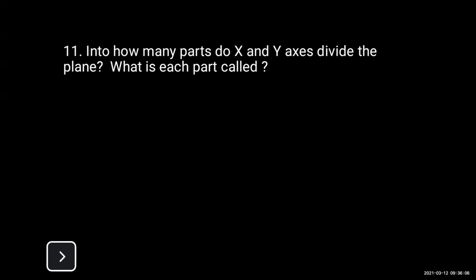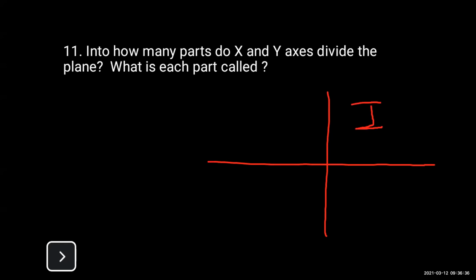Into how many parts do the x and y axes divide the plane? Now this is obvious, it is a common question. All of you know that whenever we draw the x-axis and the y-axis, the whole plane is divided into 4 parts: first, second, third, and fourth.